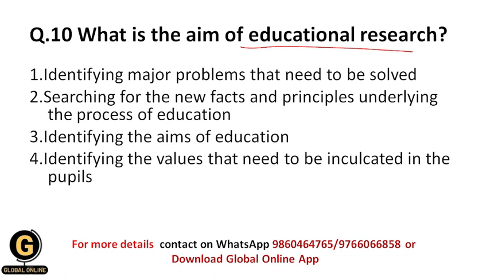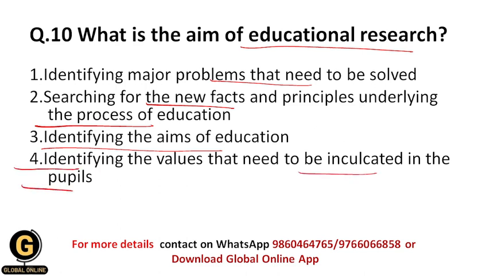Basically identifying major problems that need to be solved, searching for the new facts and principles underlying the process of education, identifying the aims of education, identifying the values that need to be inculcated in the pupils. So basically this is educational research, and that's why the aims should be in the educational field, right?